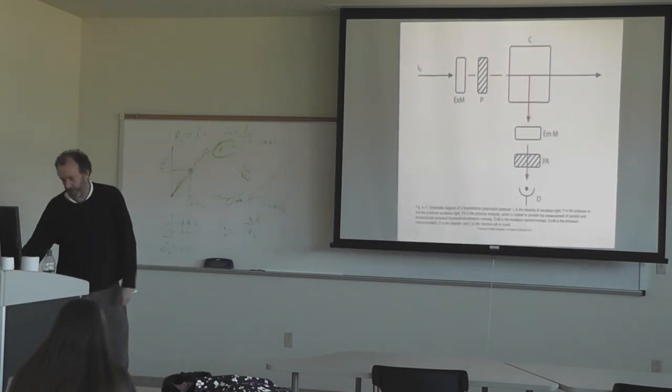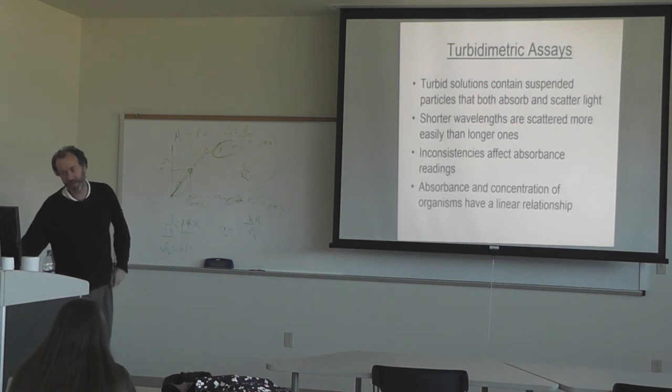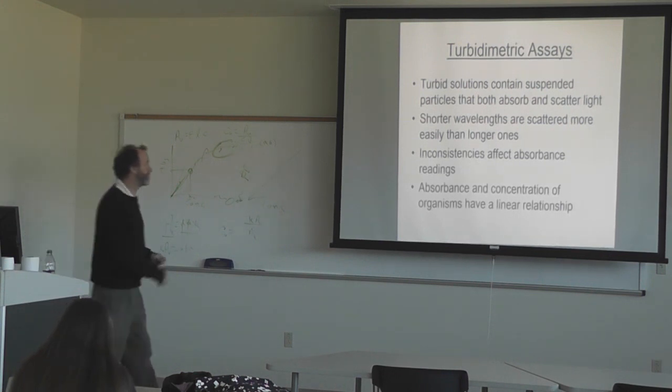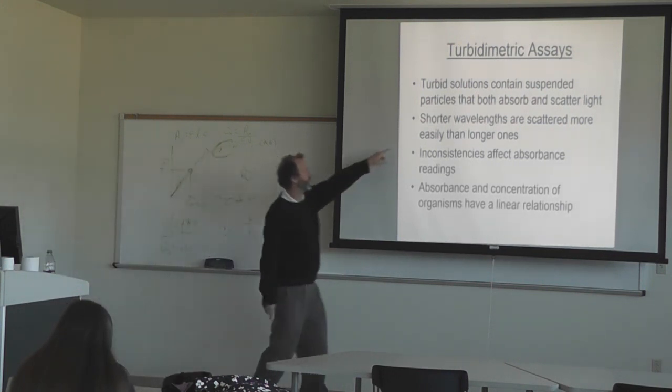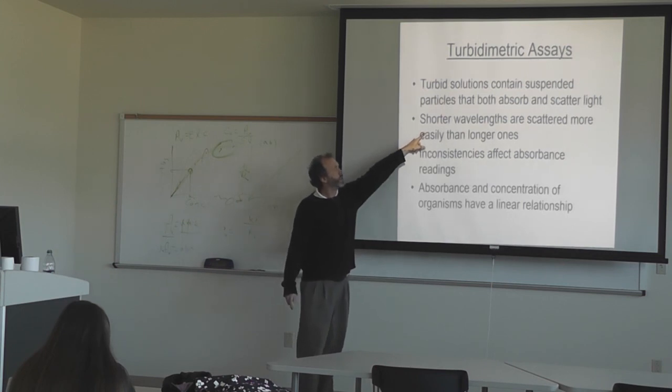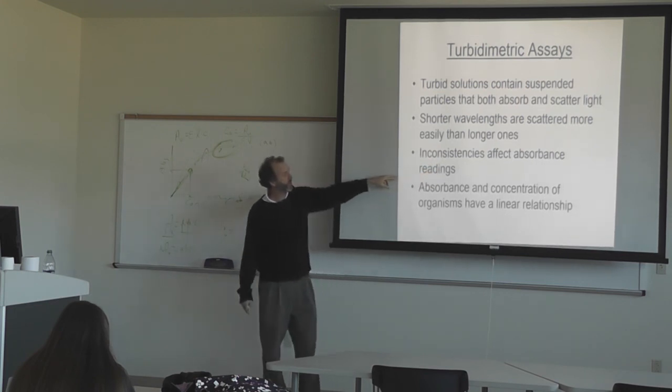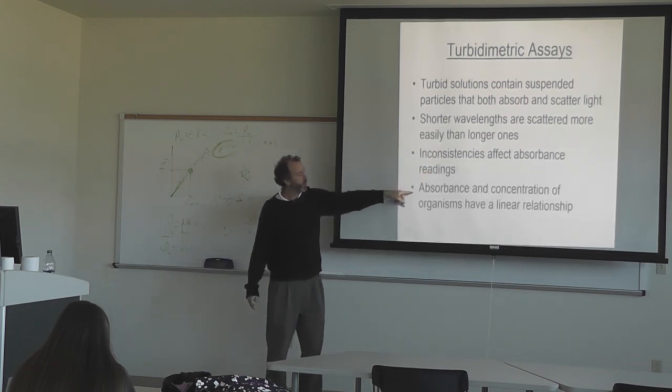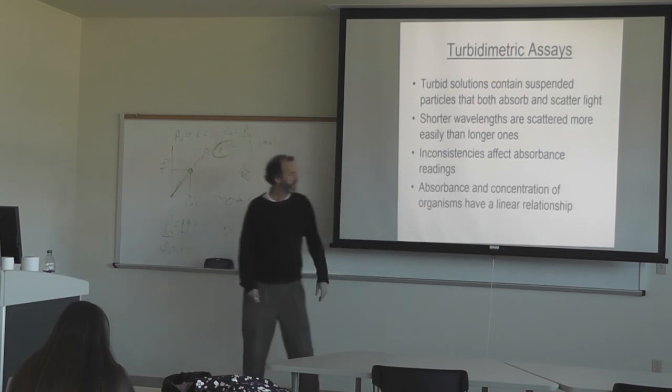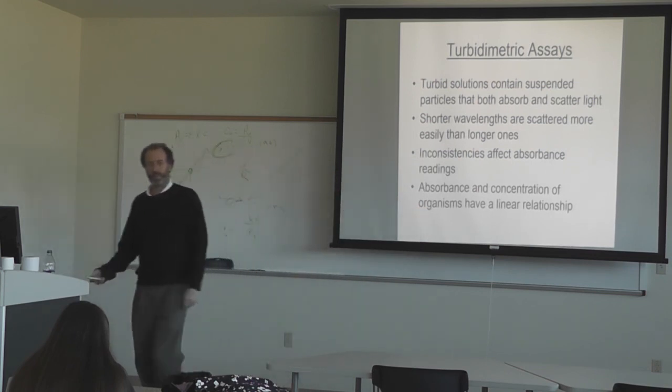Turbidometric assays: turbid solutions contain suspended particles that both absorb and scatter light. The shorter wavelengths are scattered more easily than the longer ones, and inconsistencies affect absorbance readings. So absorbance and concentration of organisms have a linear relationship.